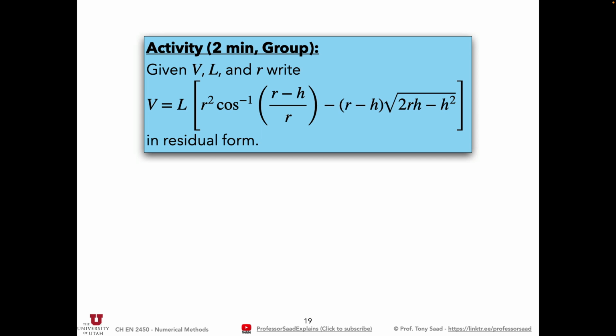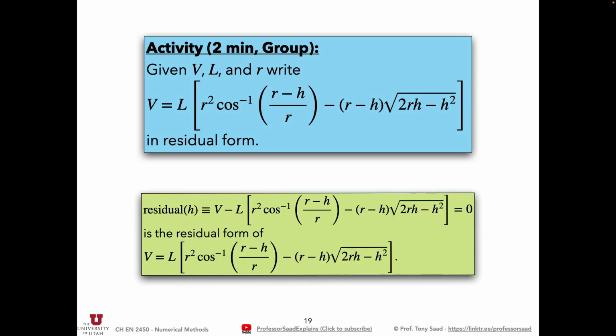Who's got a residual form for me? L r squared inverse cosine of r minus h over r, minus (r minus h) times the square root of 2rh minus h squared, all minus V. Okay. That is the residual form. So your colleague moved everything to the right-hand side, or you can move everything to the left-hand side, it doesn't matter.